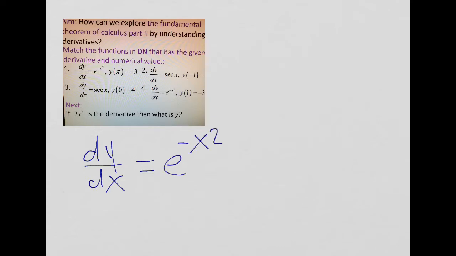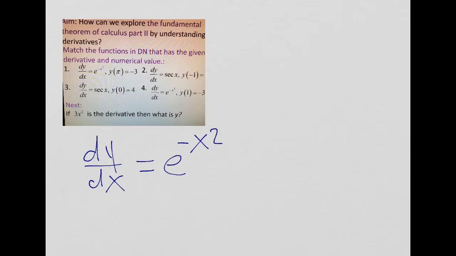Okay, so now in this problem it says match the functions in the Do Now that have the given derivative and the numerical value. So from 1 through 4, you're matching with A through D in the Do Now.